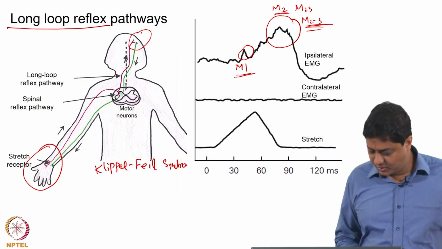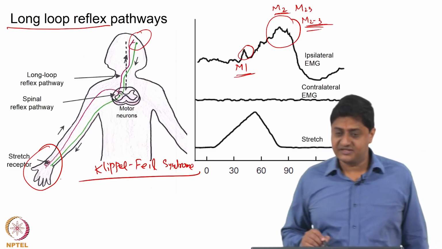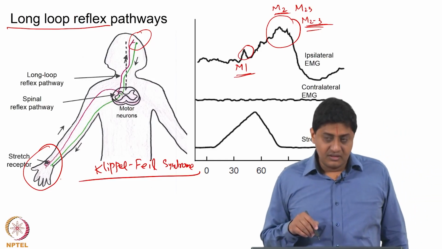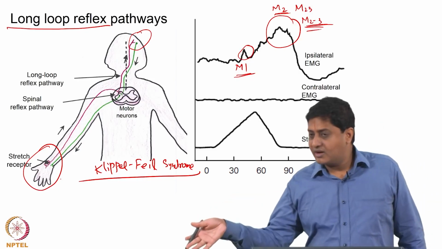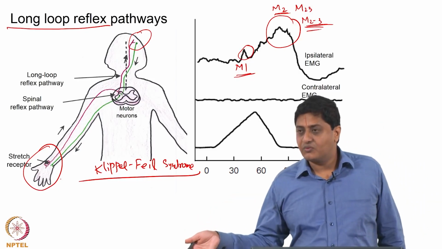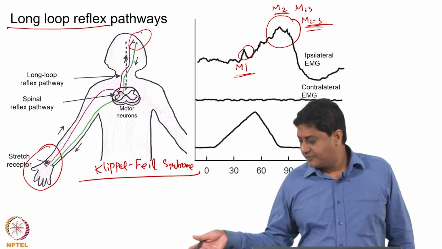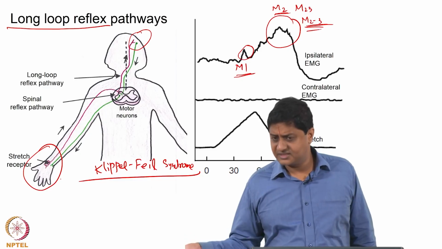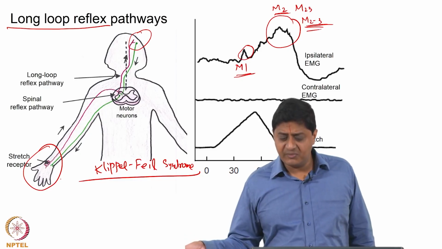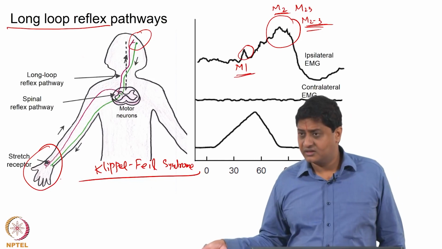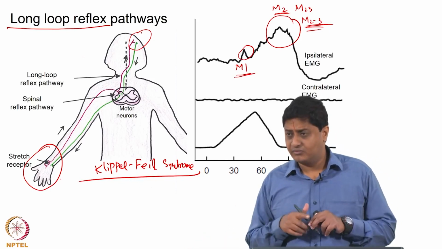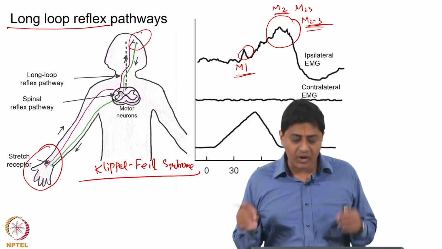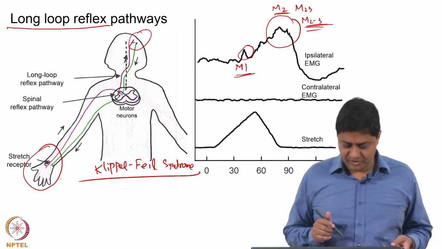Please do check this syndrome, Klippel-Feil syndrome. Please Google this and see what will happen if you stretch one particular hand, say the right hand muscle is stretched. M1 will be present in the response of the right hand, M23 will be present in the response of both hands. Why this happens? Please do check about that.